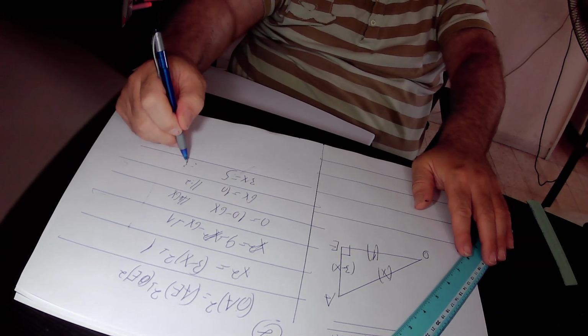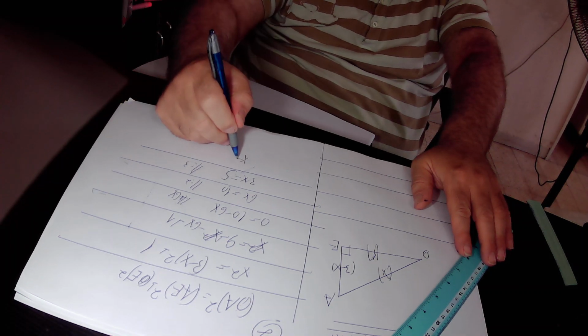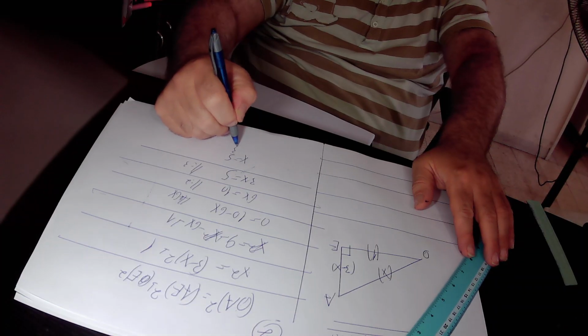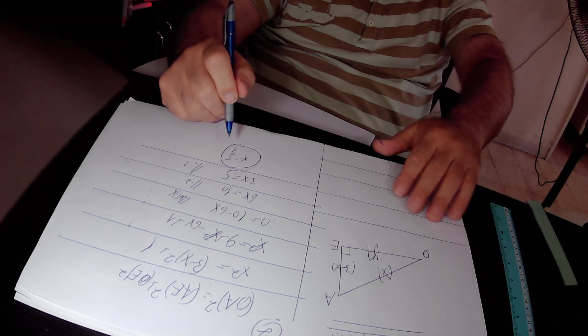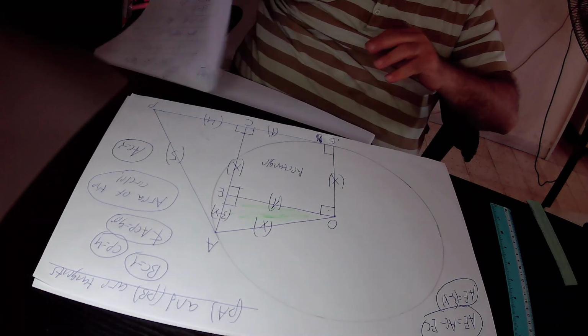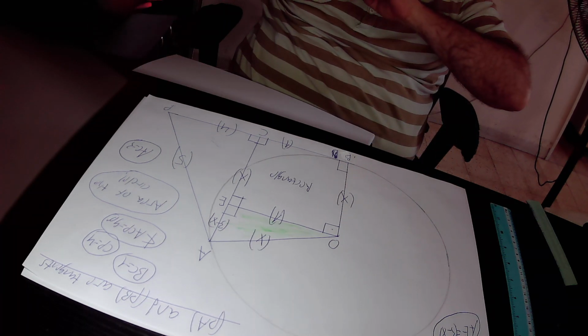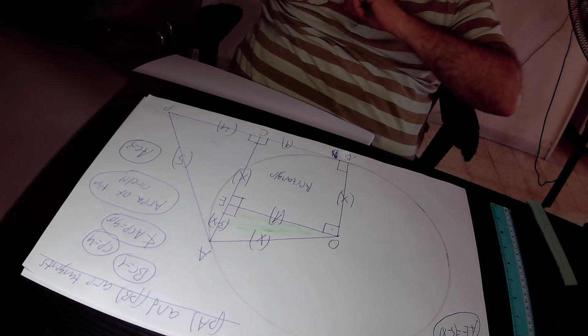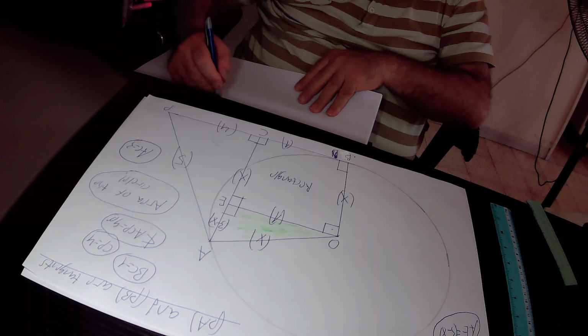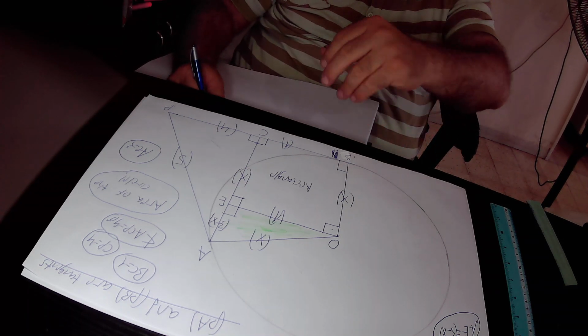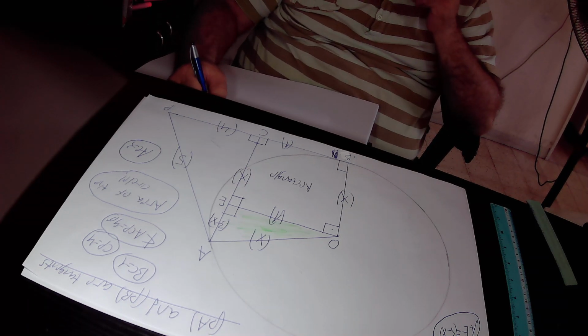Here we divide by 3 and finally we get that x equals 5 over 3 units in length. So the radius x of this circle is equal to 5 over 3 units. Our mission is to find the area of this circle.